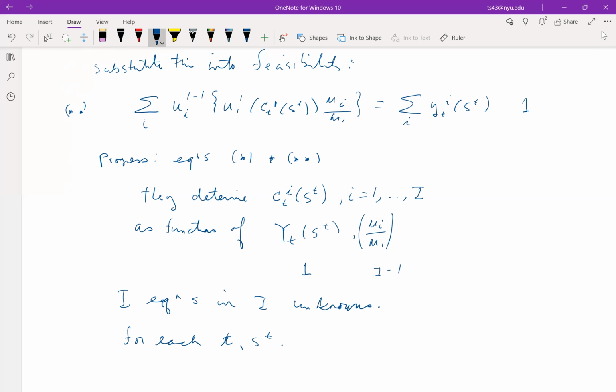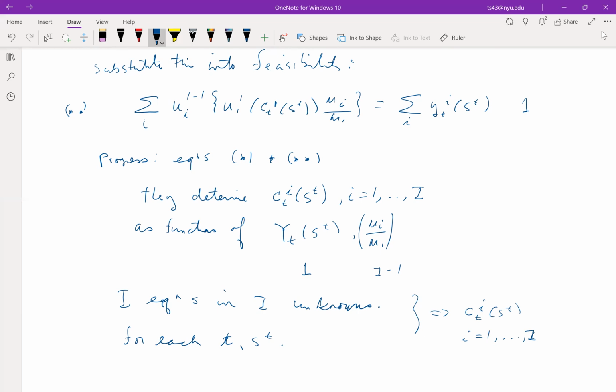Well, kind of true, but for each T and ST, we get I equations and I unknowns to solve for the allocation at that time and history.